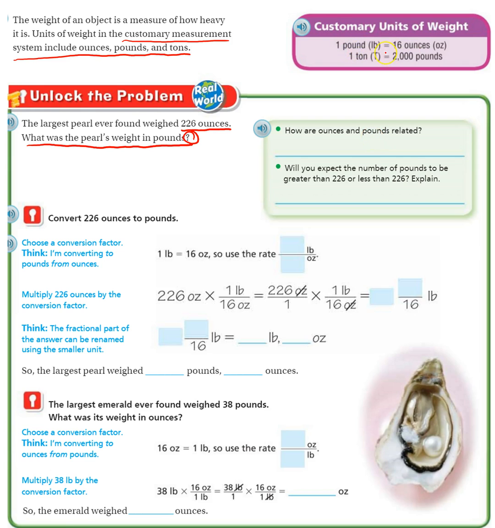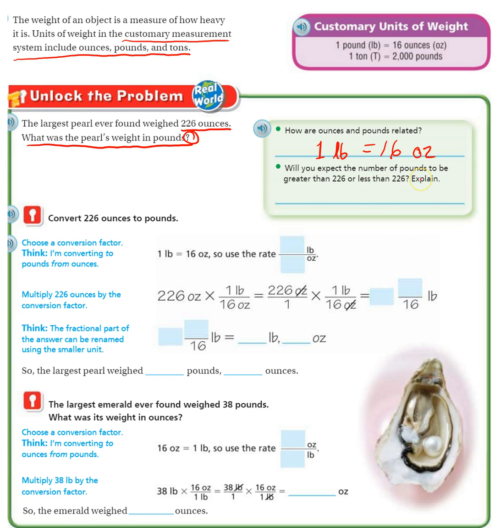Well, if we come up here, we can see this relationship between ounces and pounds right here in our chart. And we know that 1 pound, and we can abbreviate pound using LB, LB is pounds, so 1 pound equals 16 ounces, OZ, and there's the abbreviations here. Ton, big T for ton.